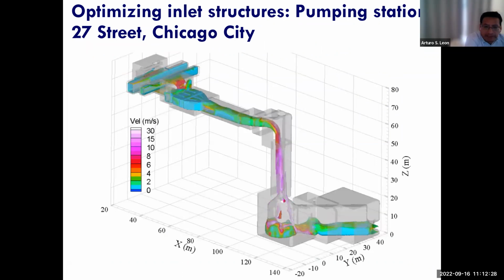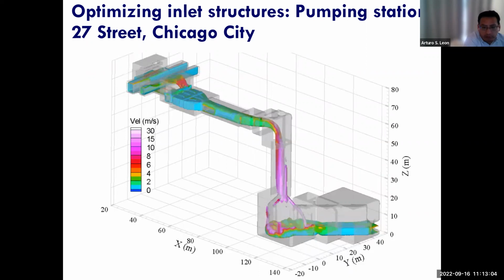Also, the optimization involves fixing some problems in the combined sewer system. This is the simulation of the pumping station on 27th Street in Chicago. This system had a problem because whenever there was a lot of rain, there was a backflow. So the water wouldn't go into the deep tunnel, but instead there was a backflow, and it would basically flood the pumping stations.